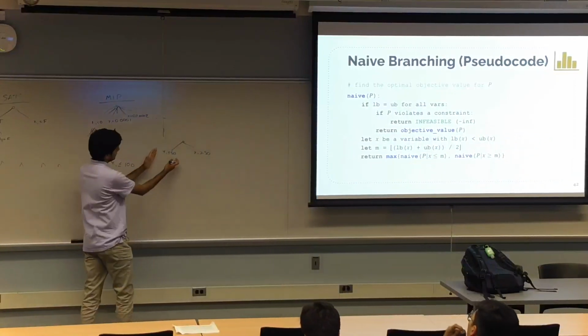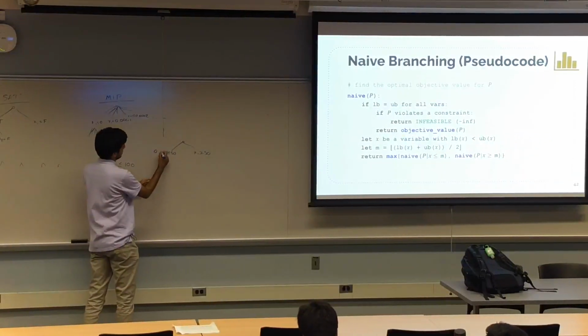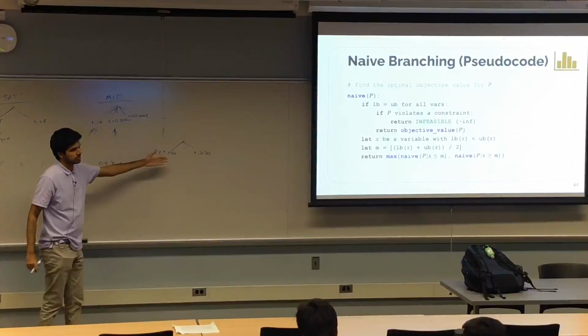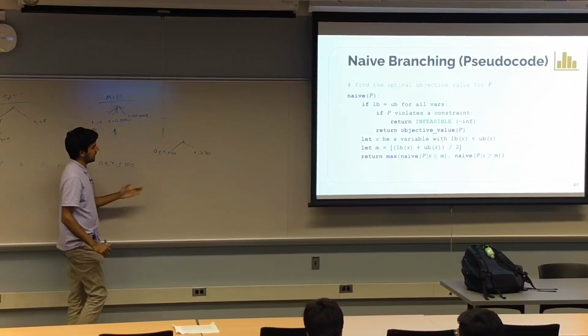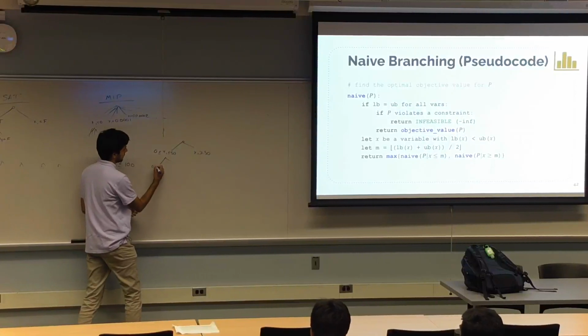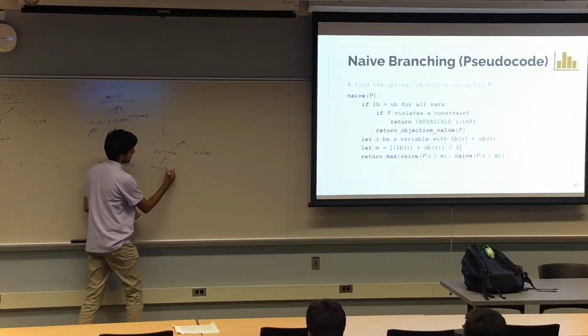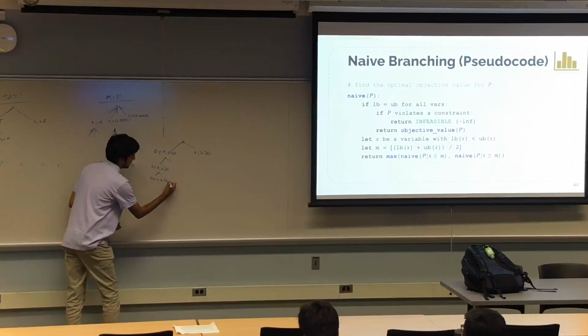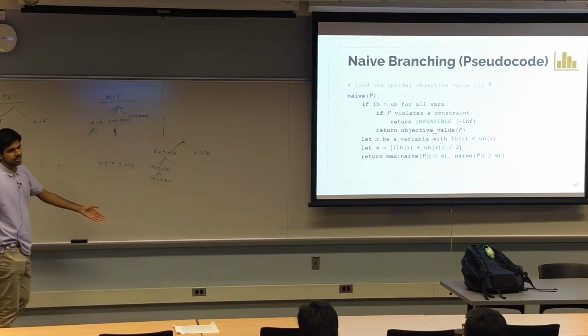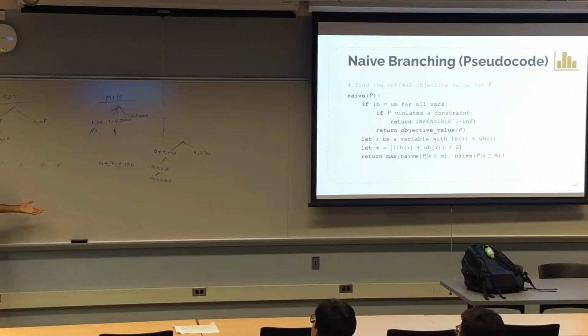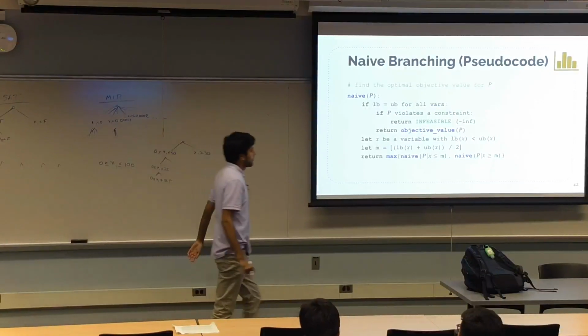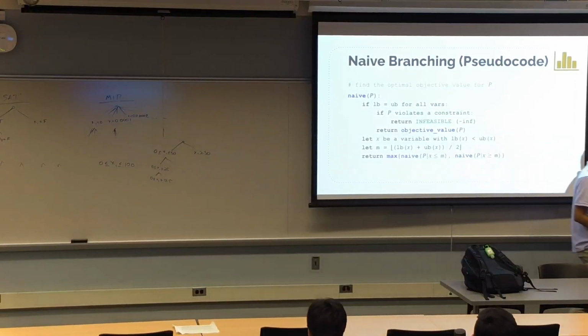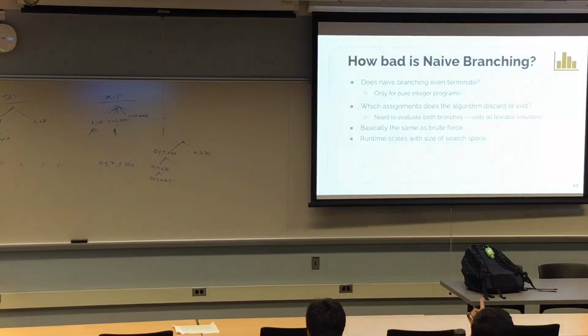If we're here, saying 0 is less than or equal to x1, which is less than or equal to 50, and we choose to branch again on x1 and split the domain, and then we keep on doing this, if x1 is not an integer variable, when do we stop? Because we can always calculate a midpoint. So that is definitely an issue, and I will not give a solution to it.